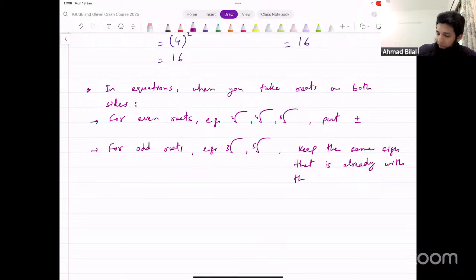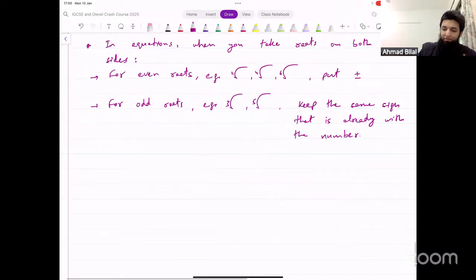Now, what do I mean by that? If you have, for instance, x squared equal to 9, you take square root on both sides, or raise both sides to the power of 1 over 2. It's an even root, right? You're taking a square root. You have to put plus minus.